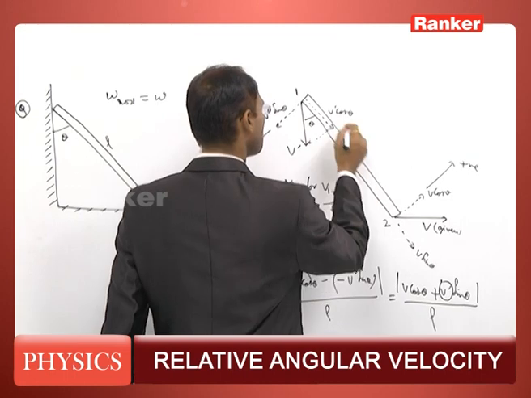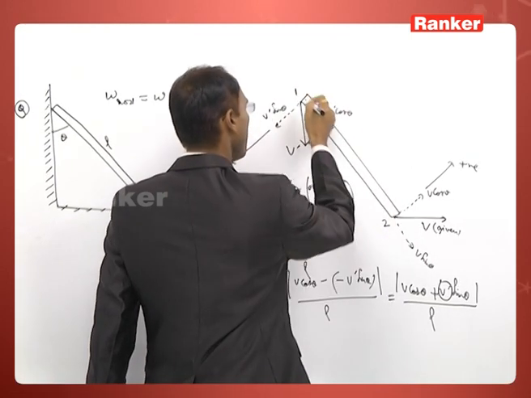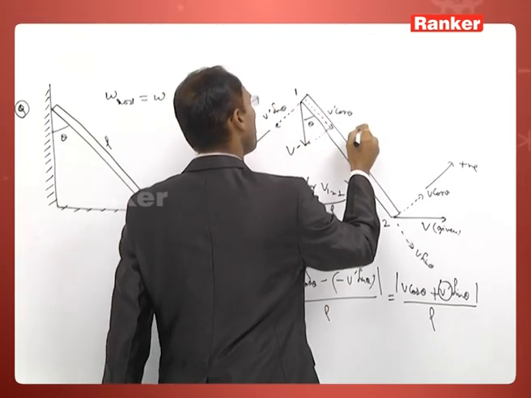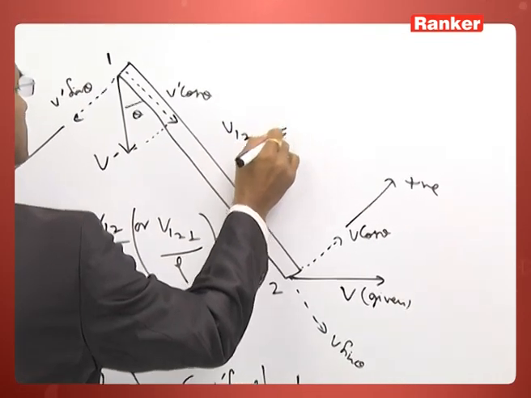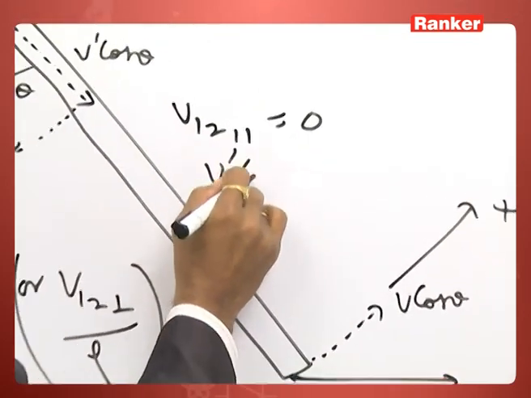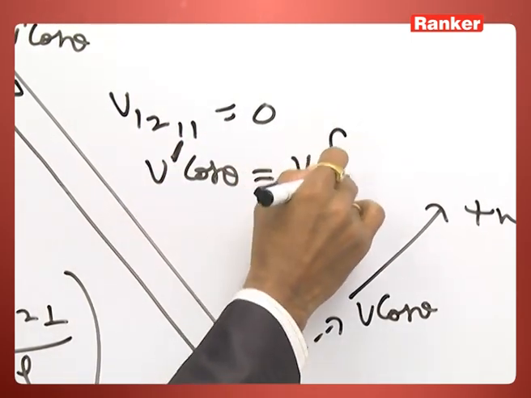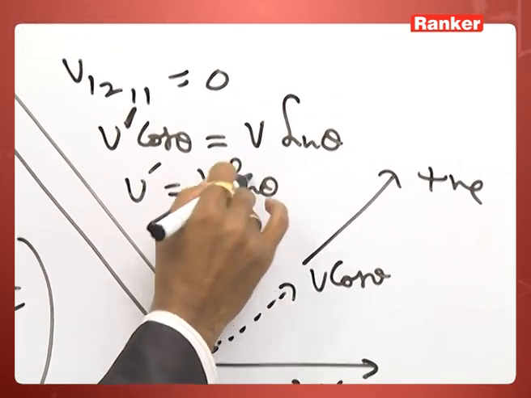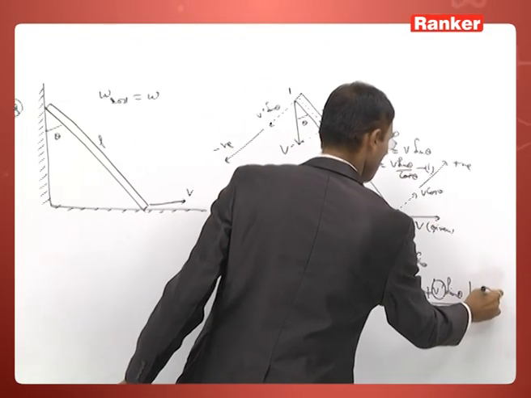This can be calculated by equating the velocity along the rod, or equating the parallel component of the relative velocity of 1 with respect to 2 to 0. So v dash cos theta can be equated with v sin theta. So v dash is equal to v sin theta by cos theta. This is equation number 1, this is equation number 2.